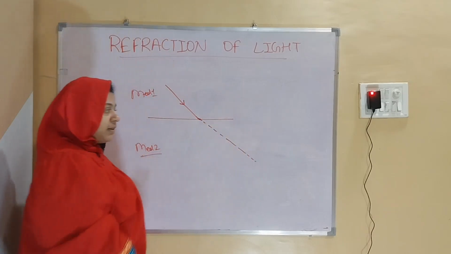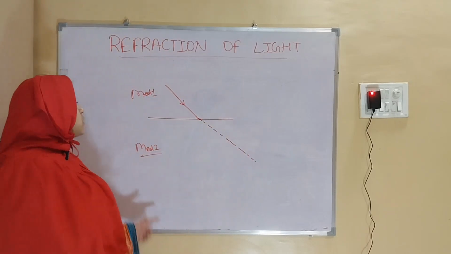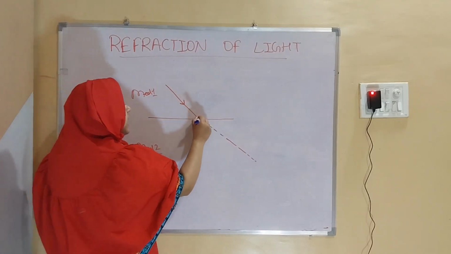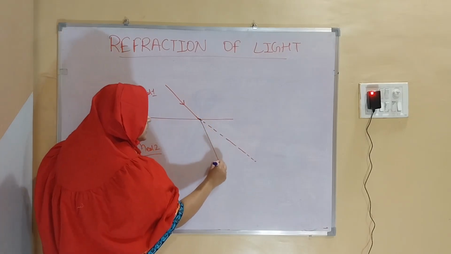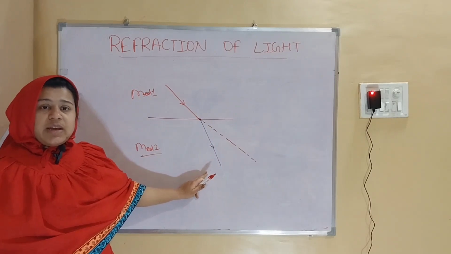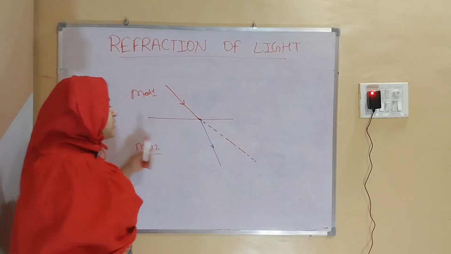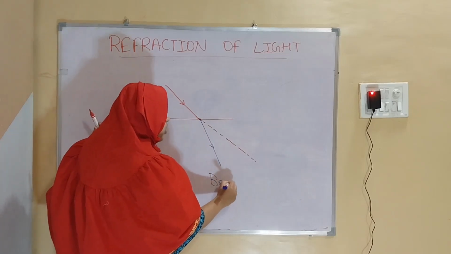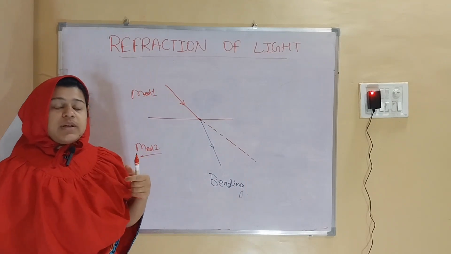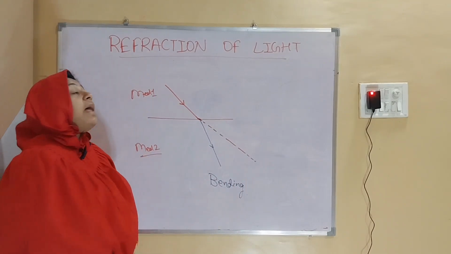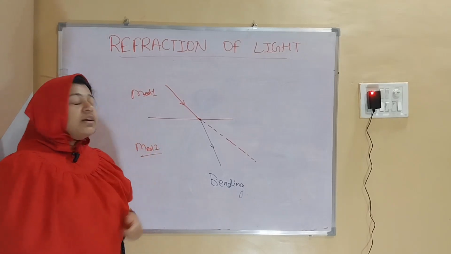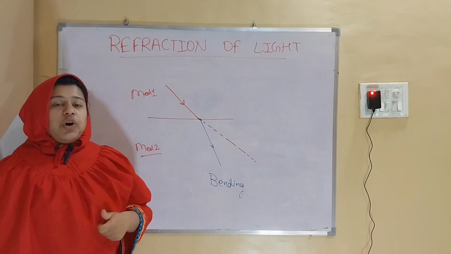But when the light goes from one transparent medium to another, its path slightly changes. This change in direction of light is known as bending of light. The light ray bends. And this bending of light, when it goes from one medium to another, is known as refraction of light.